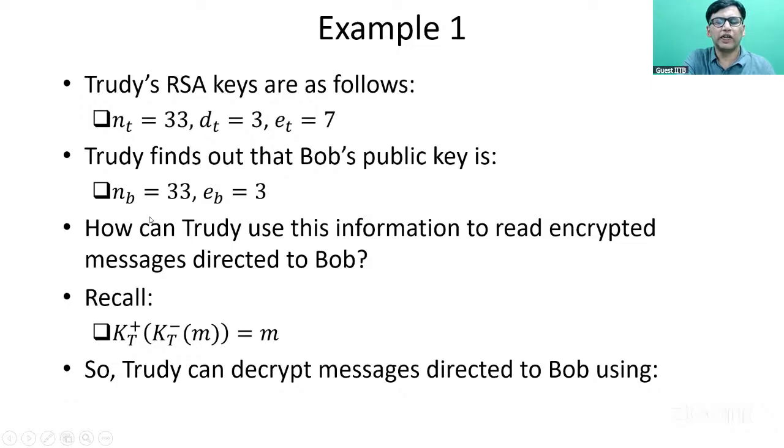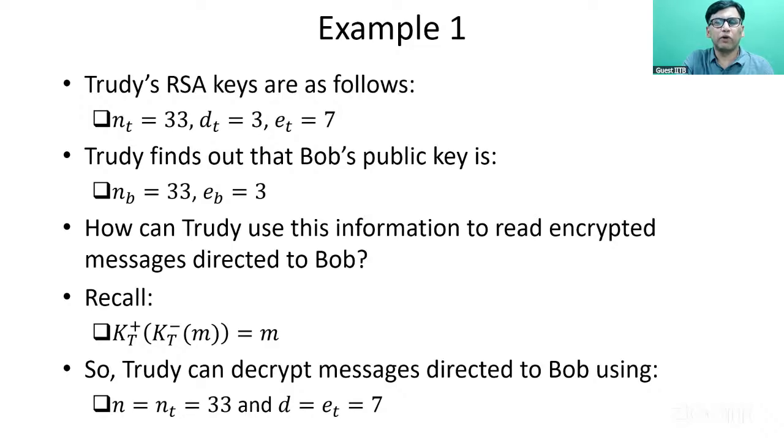So encrypting using Bob's public key is equivalent to applying Trudy's private key to the same. That is, KT minus of M is the ciphertext, and now Trudy can just apply her public key to the result. That is, Trudy can apply NT equals 33 and ET equals 7, and that will result in the original plaintext message.